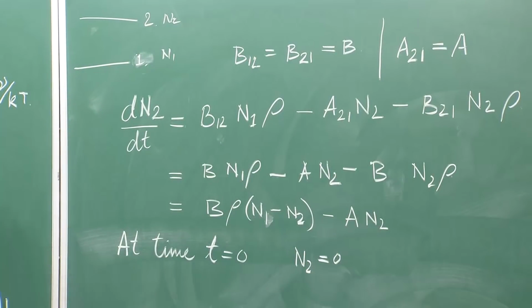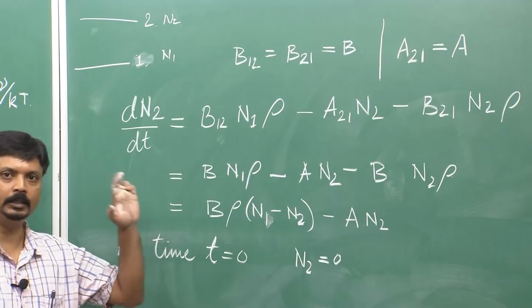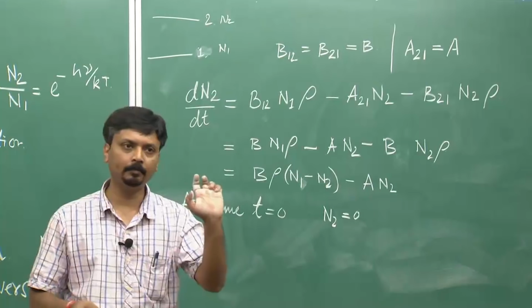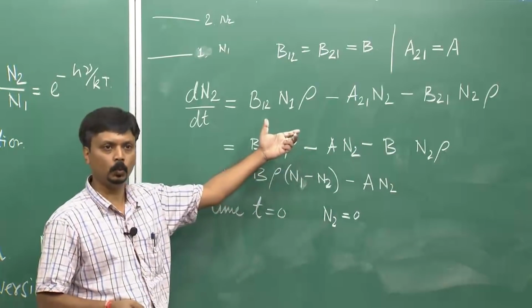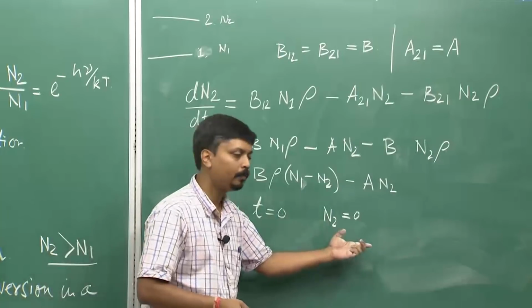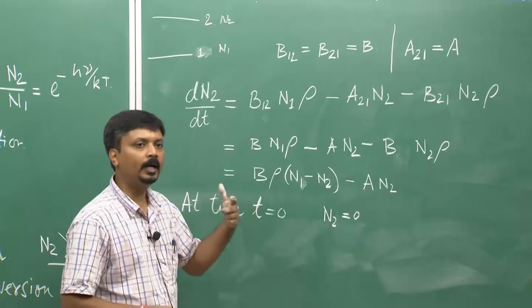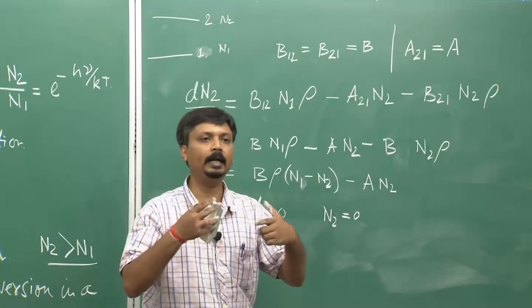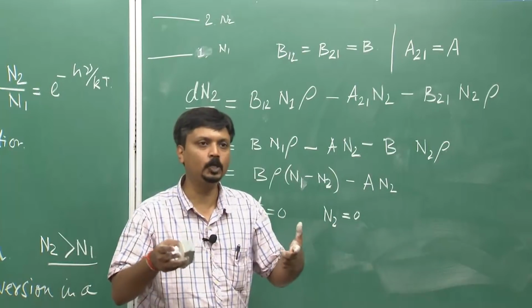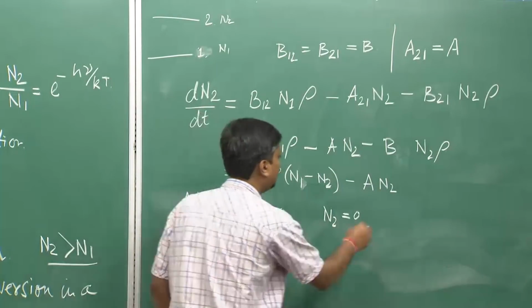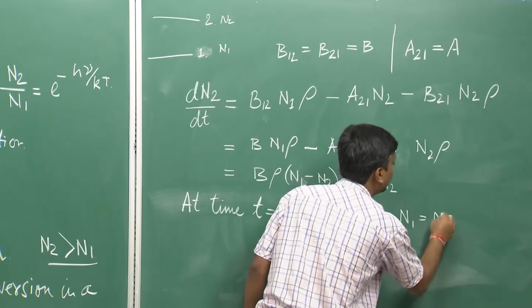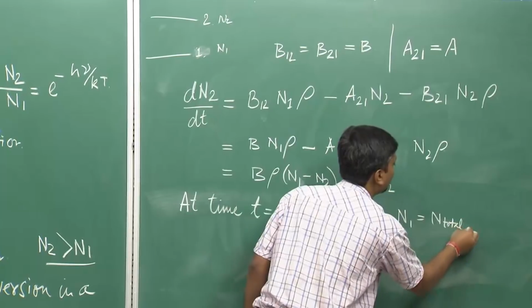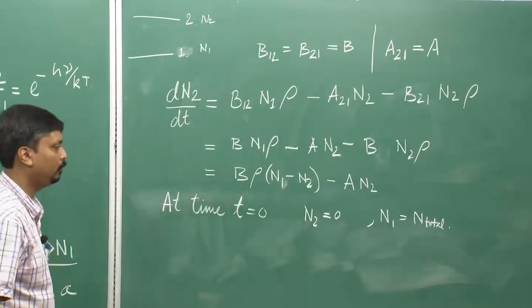We all agree, right? When there is no photon, okay, we start giving the photon at time t. When there is no photon, there is no population of the state 2. So, N2 is 0, and if there are total N number of molecules, and I call it N total, then essentially at that time my N1 is equal to N total.